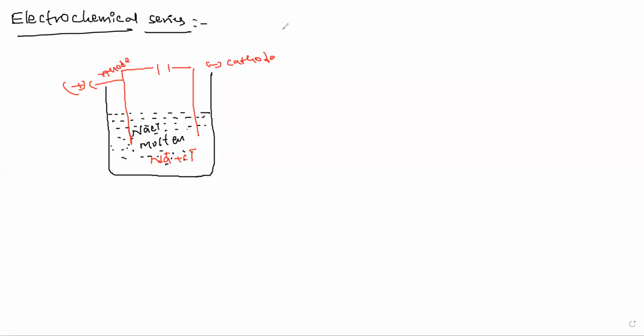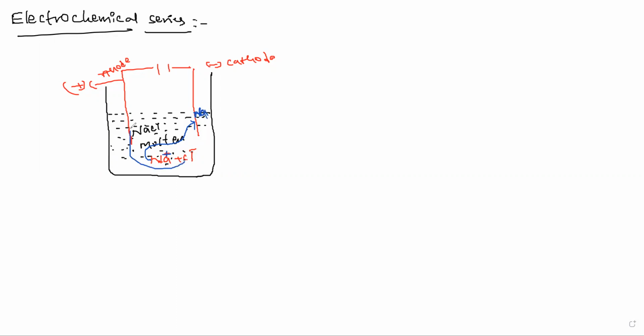Now what will happen? Sodium, the positive ion, will move towards the negative cathode, gain electrons from the cathode, and sodium metal will deposit on the cathode. Is it clear? Because sodium is positive.